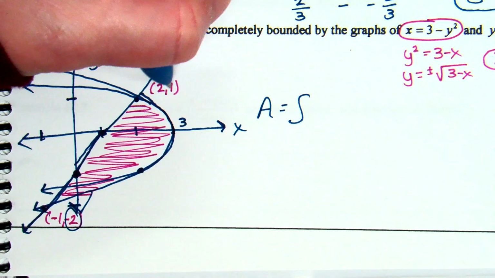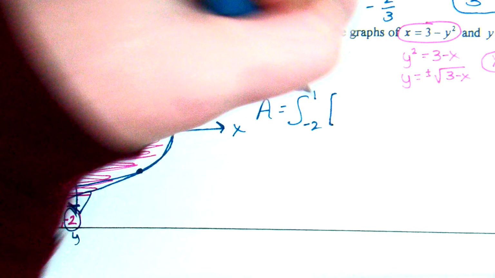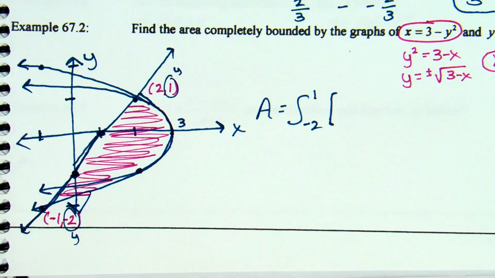Okay. And then what about our functions? Okay, so what's the first equation I'm putting? Okay, the parabola, because that's the farthest right. So we're going to say 3 minus y squared, that quantity.